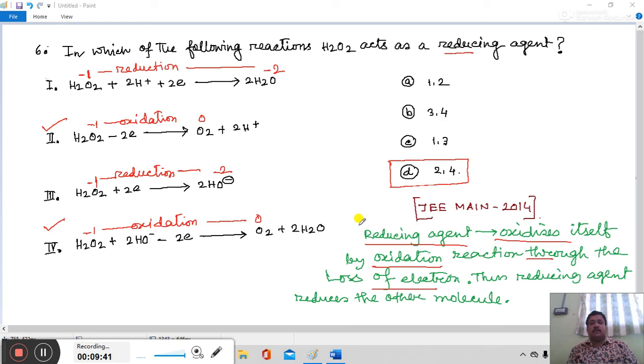According to the definition, a reducing agent oxidizes itself through the loss of electrons. In equation 2 and equation 4, 2 electrons are lost in each case, and in each case H2 undergoes oxidation.